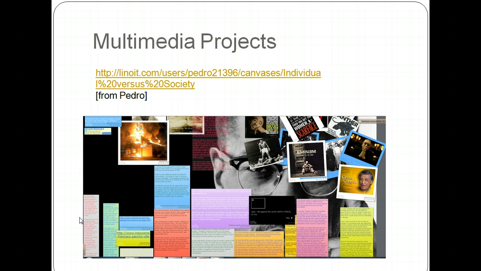If you're looking for a simpler multimedia project to use with Lino, I know that for freshmen, I did All About Me projects. Now, I didn't use Lino, but if I was going back and teaching freshmen again, it would be a great tool to use. They can include pictures of themselves, so pictures of themselves as small children, as they grow up, pictures of themselves in sporting events or in other extracurricular activities, or with friends or with family.